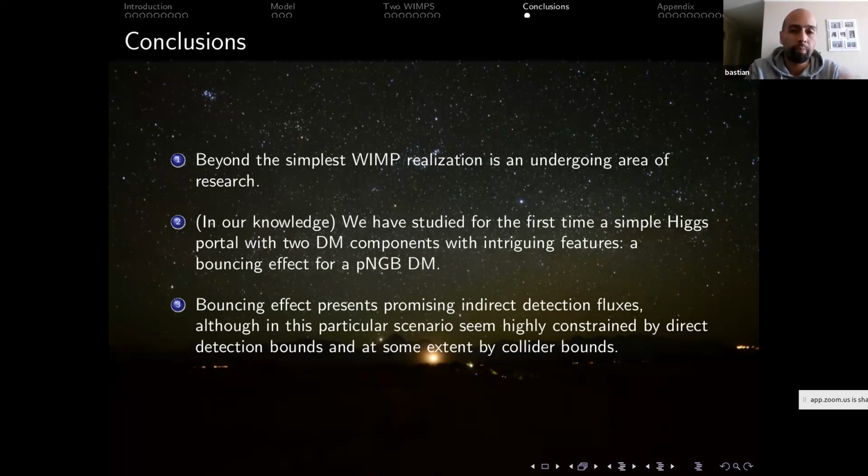So in that sense, this model presents some striking features in the early universe, and at the same time, it can be tested in the laboratory, although some parameter space regions have been highly constrained by direct detection, as I showed to you. So thank you very much.